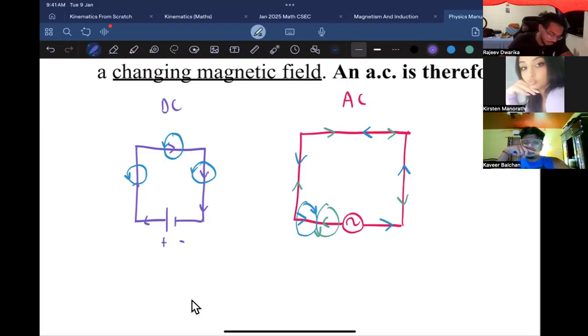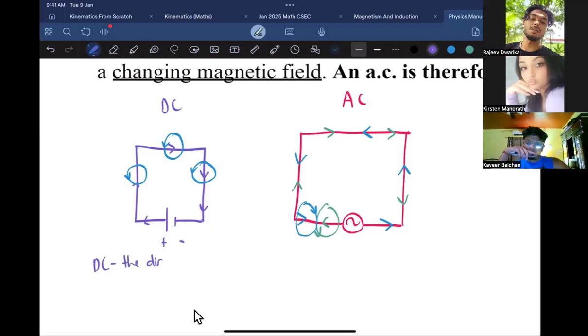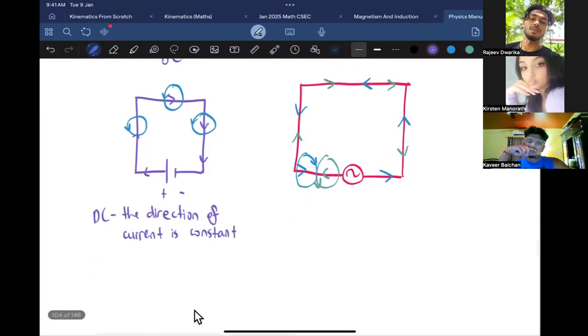So in a DC circuit, the direction of current is constant. And Kirsten, if the direction of current is constant, therefore the direction of the magnetic flux is also constant.